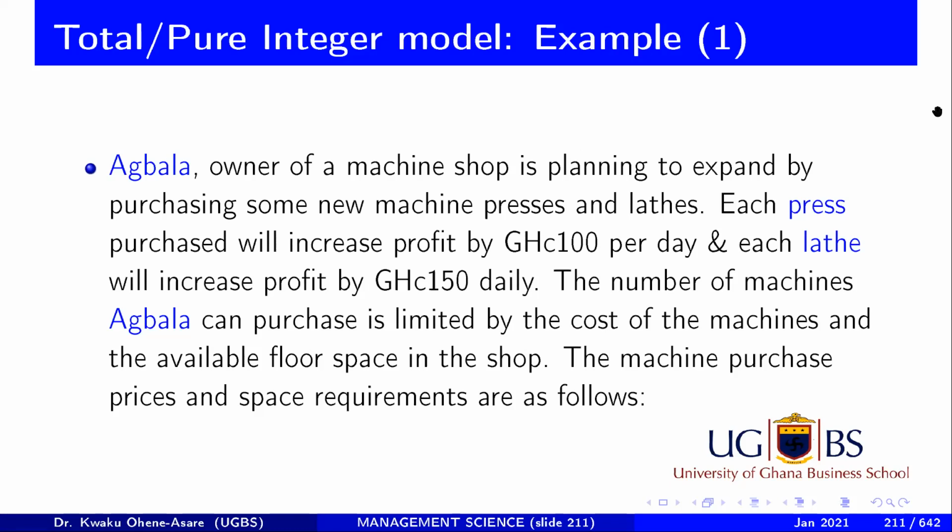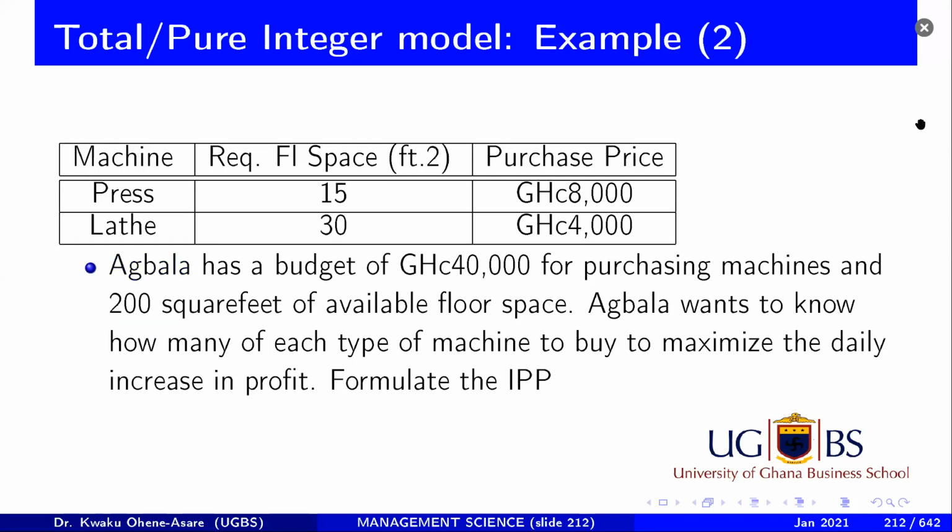So you think about how to formulate the decision variables. Each press requires a floor space of 15 square feet and a purchase price of 8,000. Each lathe requires a floor space of 30 square feet, and the purchase price is 4,000.